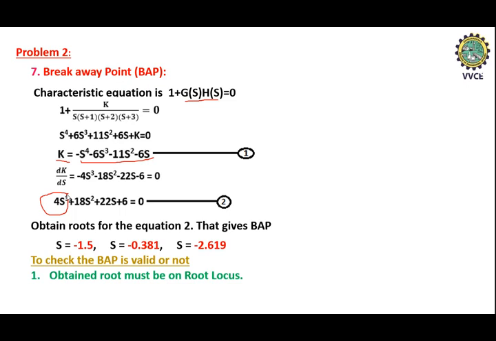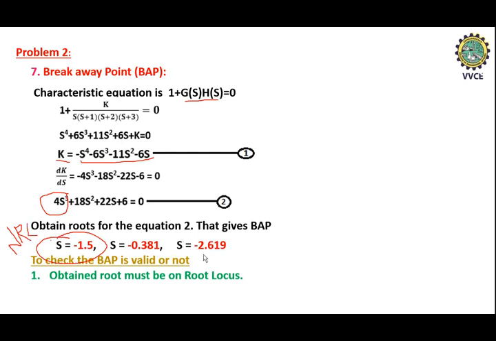The root must be on the root locus. In the first step, you saw that the root locus branches are 0 to minus 1 and minus 2 to minus 3. There is no root locus branch between minus 1 and minus 2. So this cannot be treated as a valid breakaway point because it is between minus 1 and minus 2. It is on the non-root locus branch.